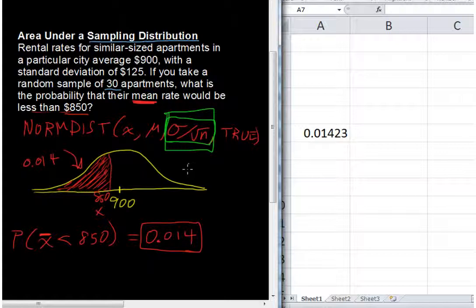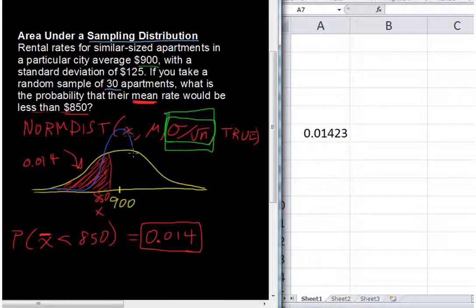So the average of all of these different samples that you're taking, imagine a population of 400,000 apartments. That's a lot. Well, that's quite a few different samples you could take of size 30. So most of those sample means will get close to the population mean. So what happens is this curve actually shrinks.